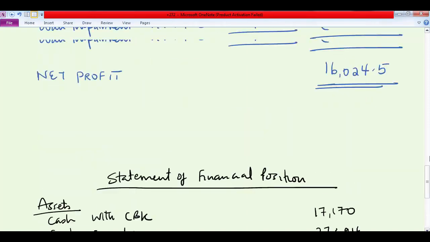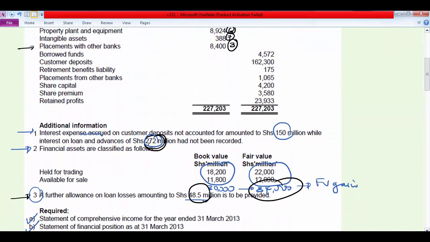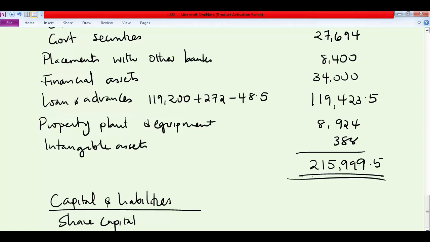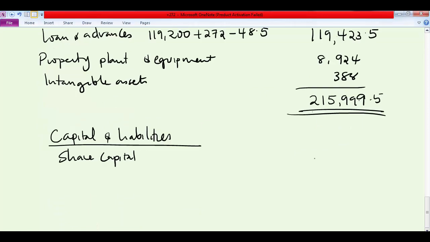Now we come to capital and liabilities. So share capital, just come and pick it. Where is share capital? Here it is. We also have share premium and retained earnings. There is no dividend, so share capital is 4,200. Share premium 35.80.